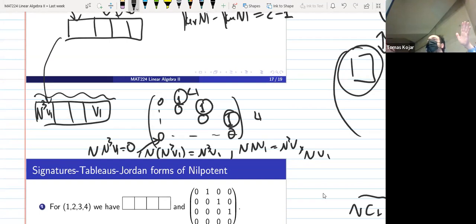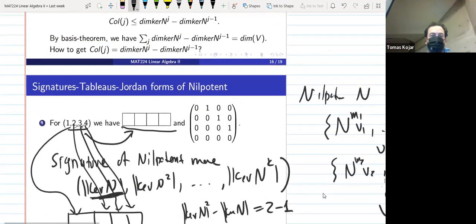So there's many ways to see this. Like you can see it here: the signature has size 4, and you get a 4.